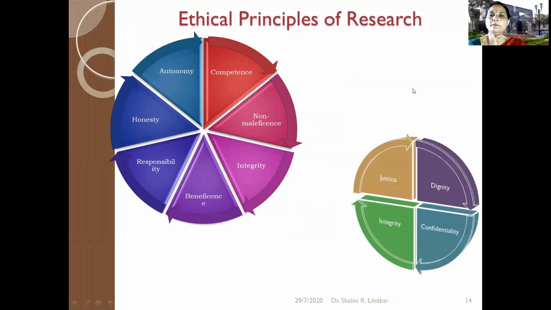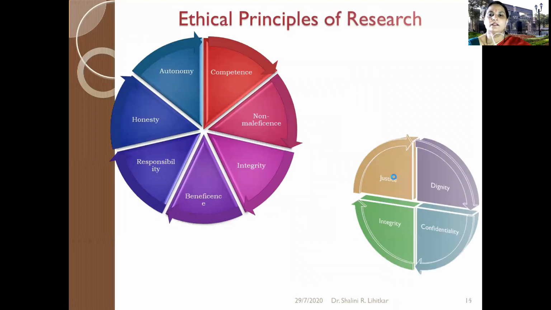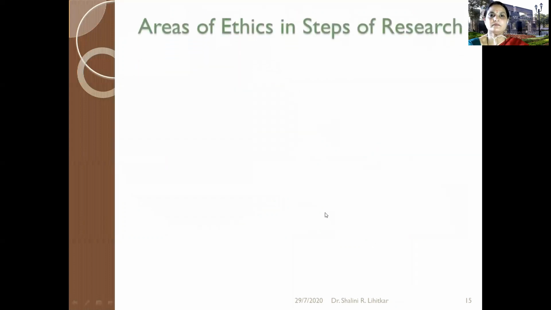But these are the ethical principles which are very much concerned with research. Next one is justice, dignity, integrity, and confidentiality. So in research, we have to follow all these ethical principles.